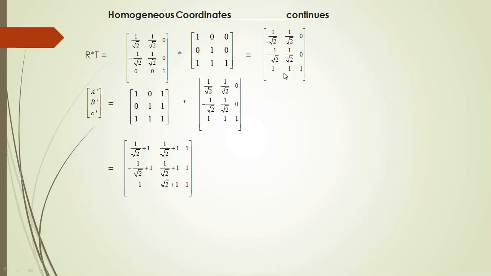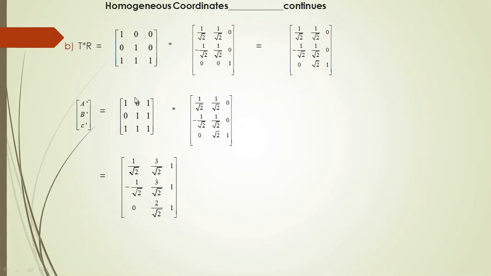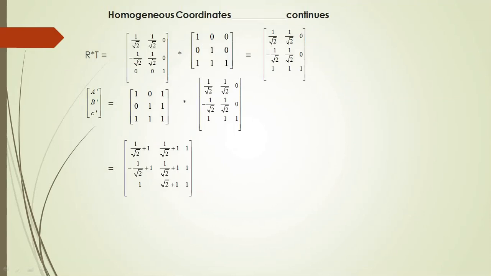Okay. So after that we calculate A dash, B dash and C dash. This is our A coordinate, B coordinate and C coordinate, that is A coordinate 1 0, B coordinate 0 1 and C coordinate 1 1.